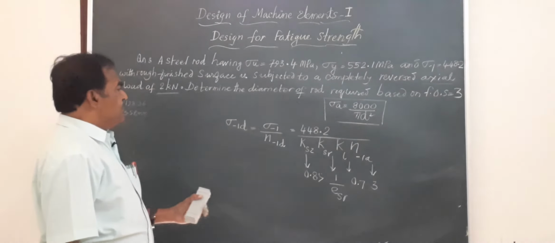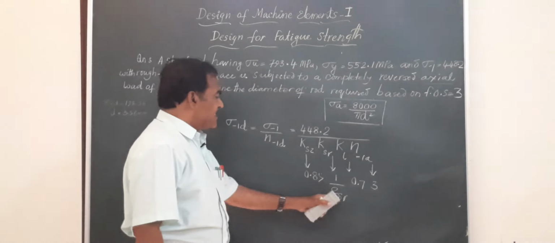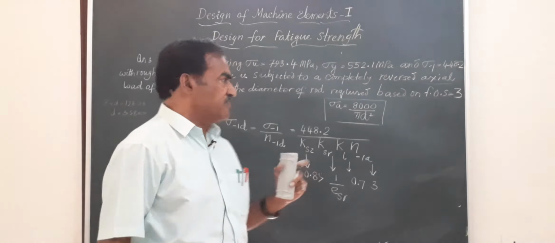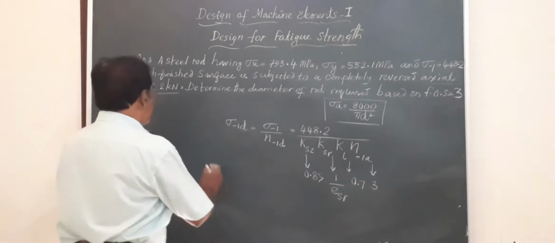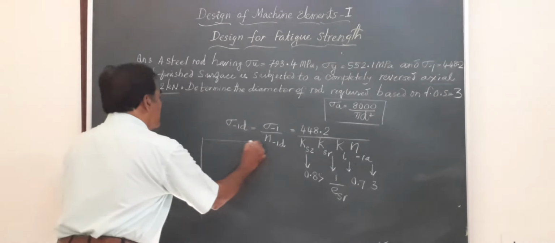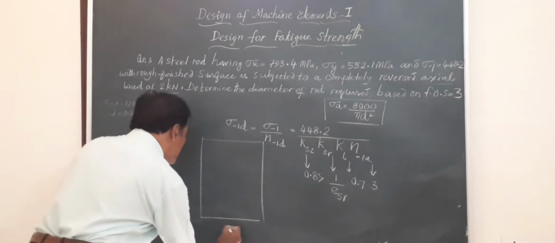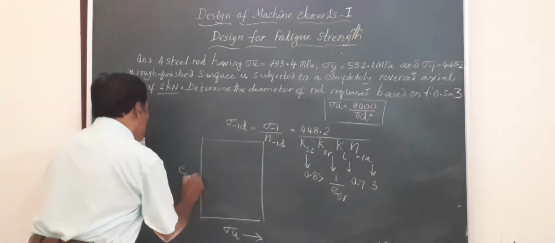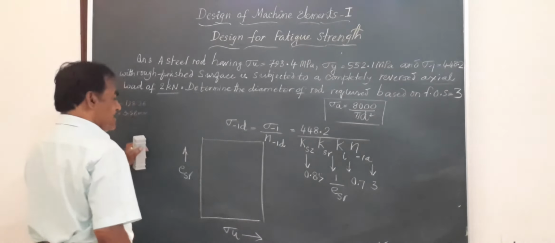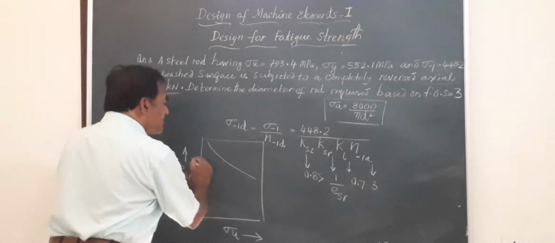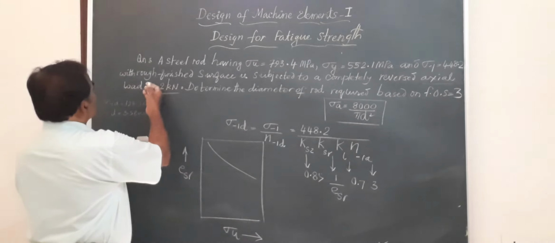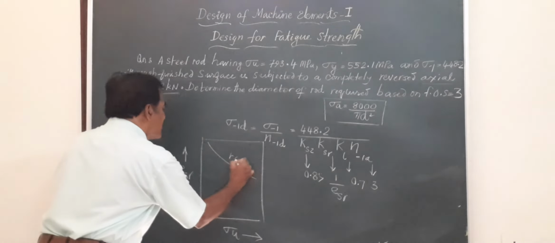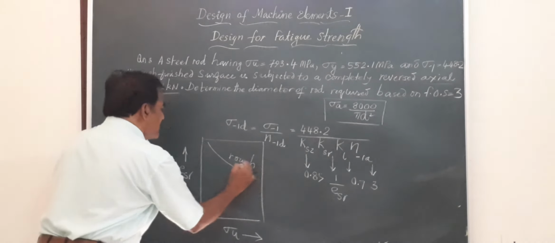Friends, we know all these quantities excepting ESR. ESR is the surface coefficient. Friends, there is a graph in the data handbook wherein sigma u is plotted along the x-axis and ESR is plotted along the y-axis. And here, a lot of curves are given, and I am going to consider this as a rough finished surface. So there is a curve which says the rod is rough finished.